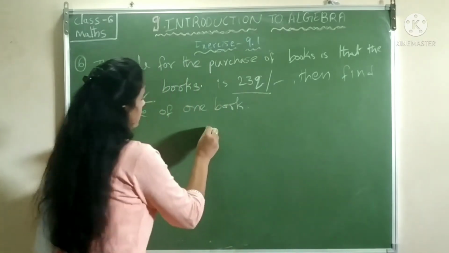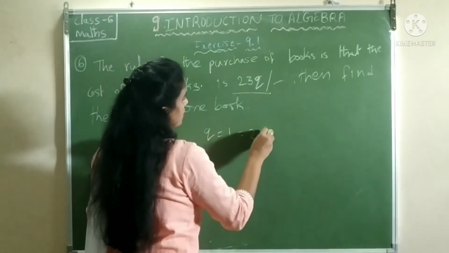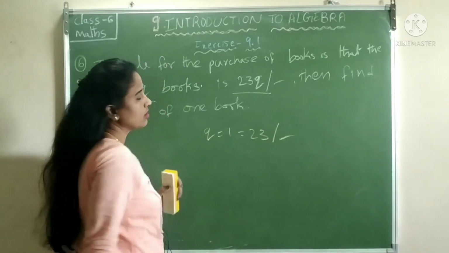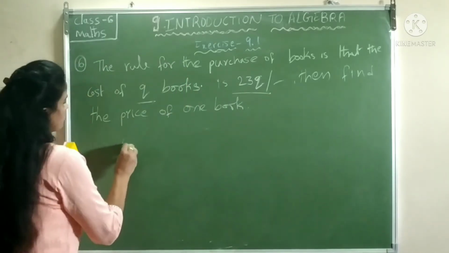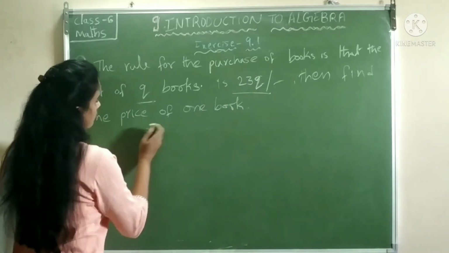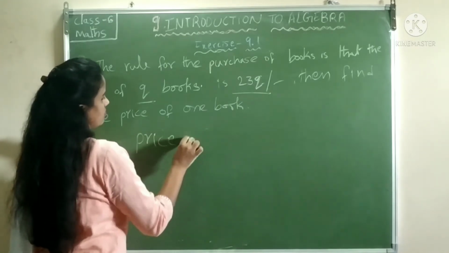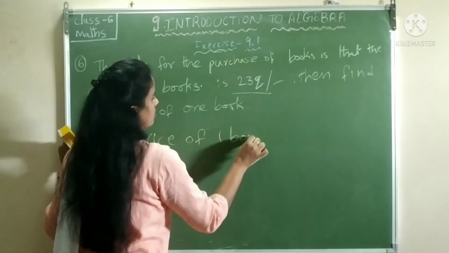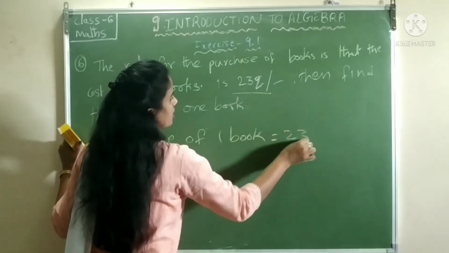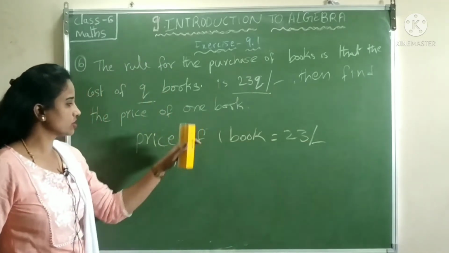Suppose Q is equal to 1, then 23 rupees. Each book cost is 23 rupees. Price of one book is equal to 23 rupees. Q is equal to 1.